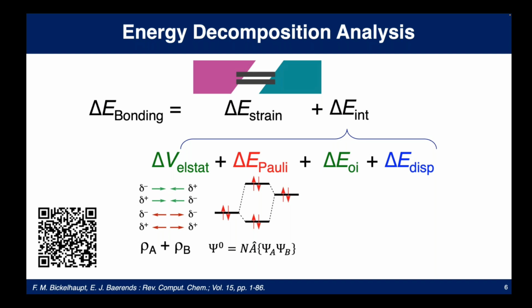And you have an attractive term of the orbital interactions, which in this case for hydrogen bonding is mainly donor-acceptor interactions. I will come to that later. And also polarization within one of the monomers due to the presence of the other monomer. And in the newer work, there's also a term for the dispersion. But in the case of hydrogen bonding, it's not so important.